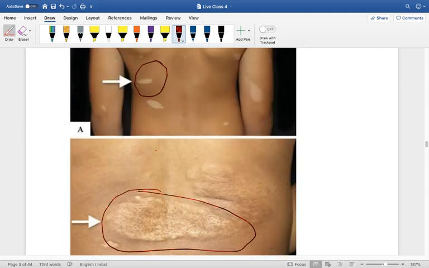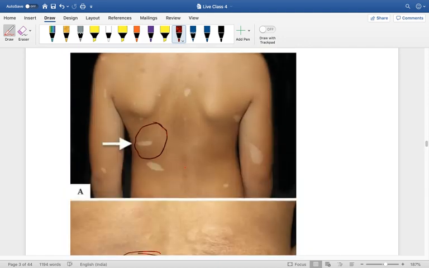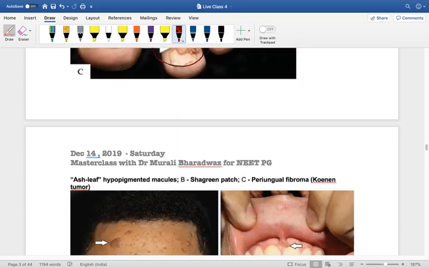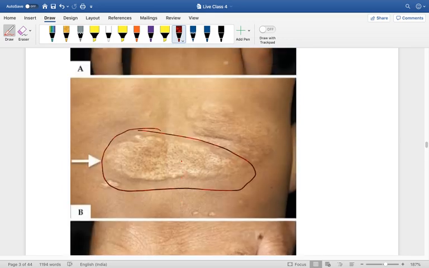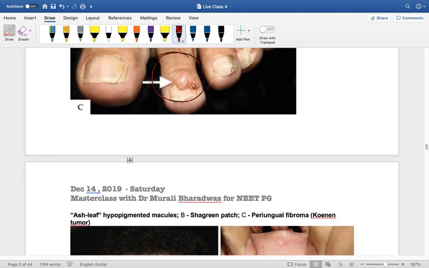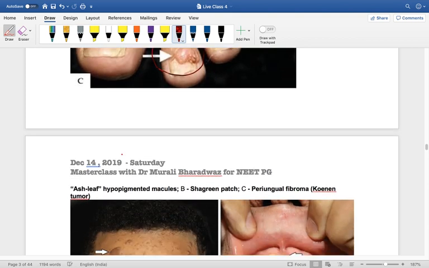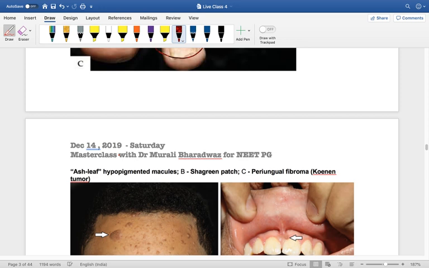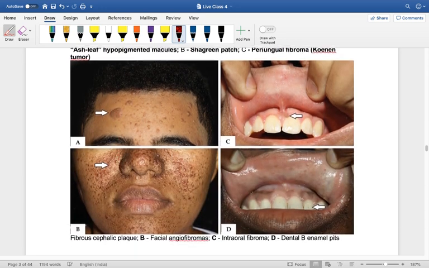Ash leaf hypopigmented macules. This is called shagreen patch. What is it called? Shagreen patch. Then periungual fibroma, called Koenen's tumor. What is it called? Koenen's tumor.